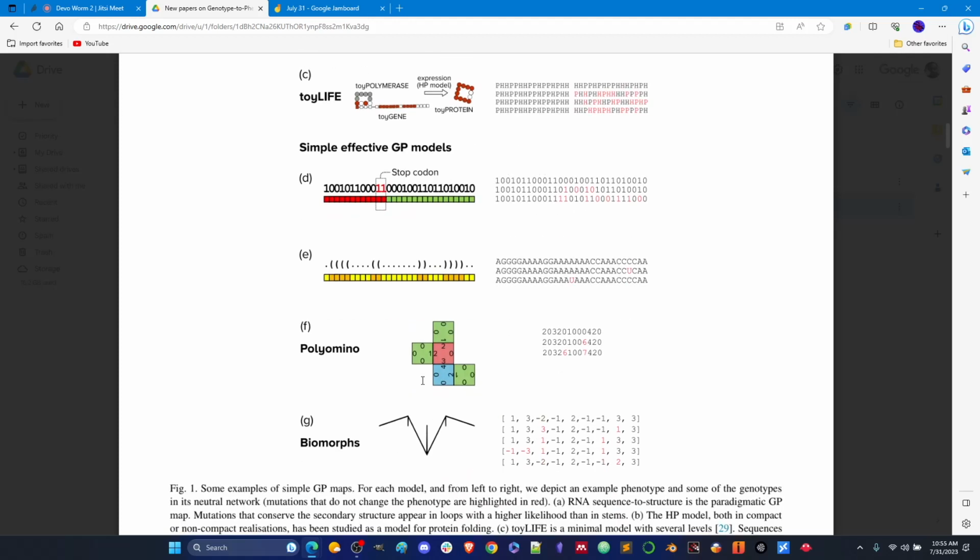A polyomino is like a domino. This is where you have these different geometric configurations with different sides, faces, and different values, and you connect them together in a way that's valid, and that restricts that possibility space down. And then you can examine what kinds of sequences you get from that.